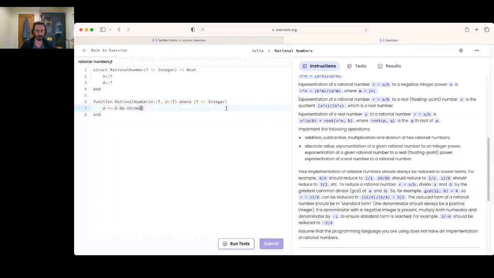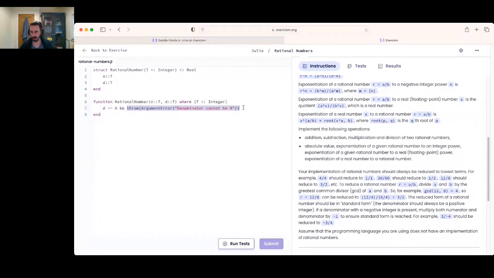This is my favorite. I don't know if it's a Julia trick, I don't know where this trick comes from, but it's such an excellent little trick. I'll try and explain. Denominator cannot be 0. So this single line trick basically says if D is 0, well, okay, this right hand side of the AND is always true.